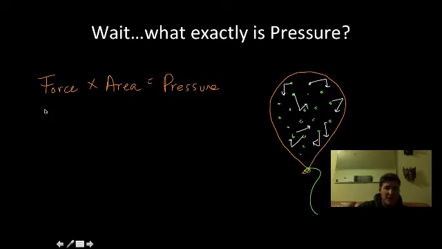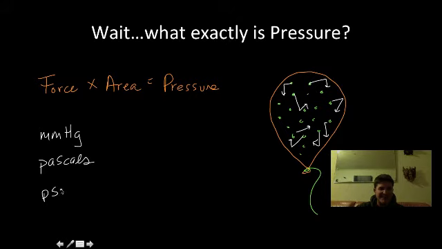Now in our class, we are going to be talking about pressure in a number of different units. We are going to run into millimeters of mercury as one unit. We're going to talk about that just a little bit more later. We'll talk about pascals. Pascals are a unit of pressure. You guys might be familiar with PSI, pounds per square inch.